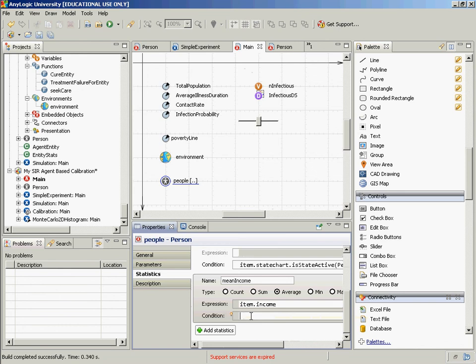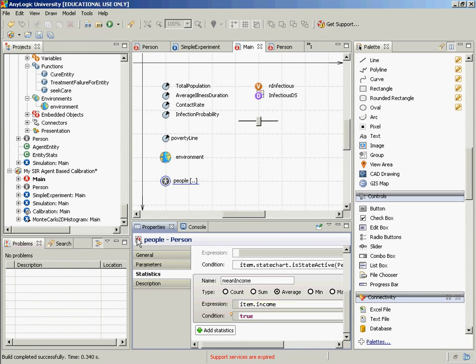Is it only for males or for females? So in this case, I want everyone. So I do true, okay? Because I want it to be a mean income across the entire population. If I want to do this only for females, I'd have a condition like sex double equals sign 1 or whatever. But here I want to do it for everyone.